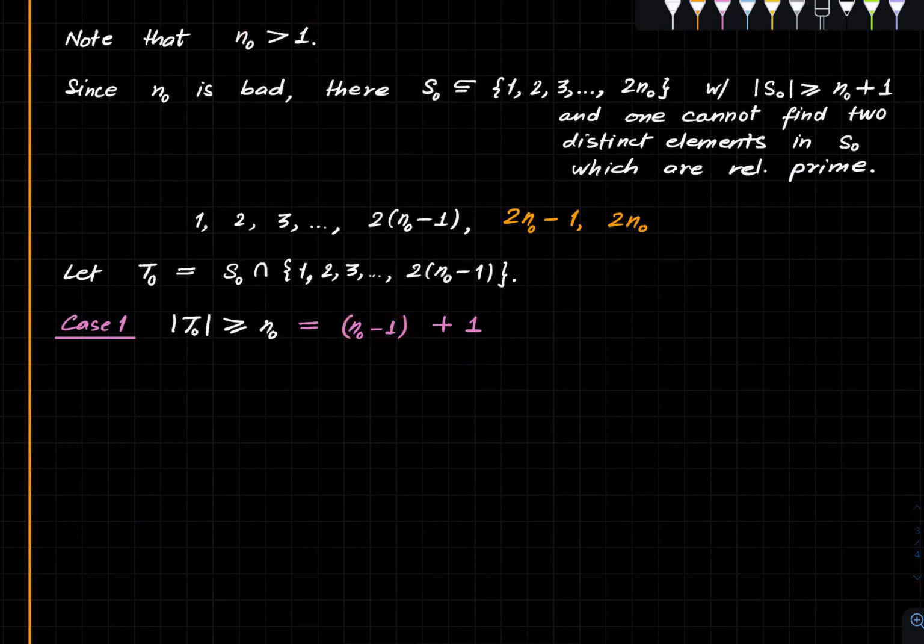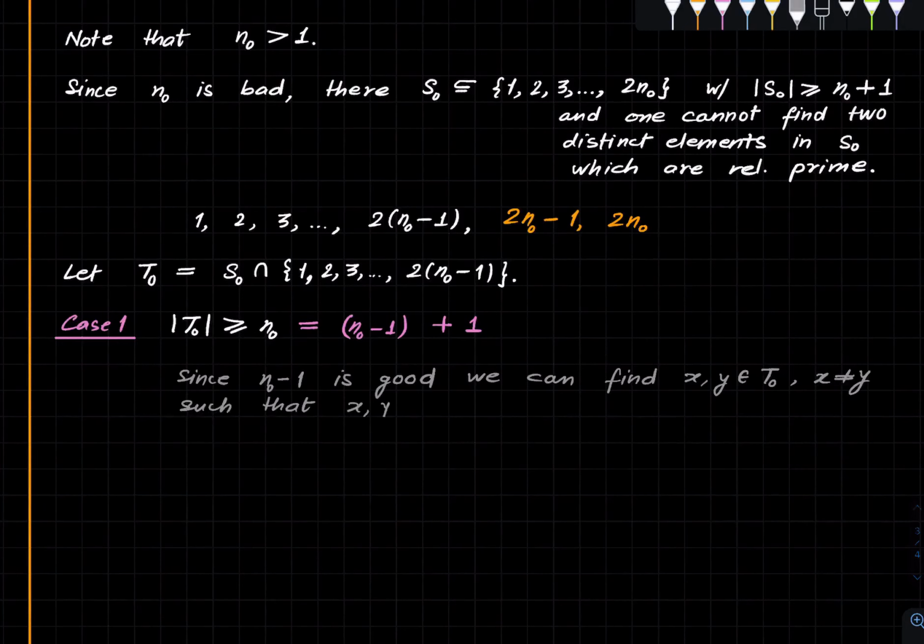So since n naught minus 1 is good, we can find two distinct integers in T naught such that x and y are relatively prime.